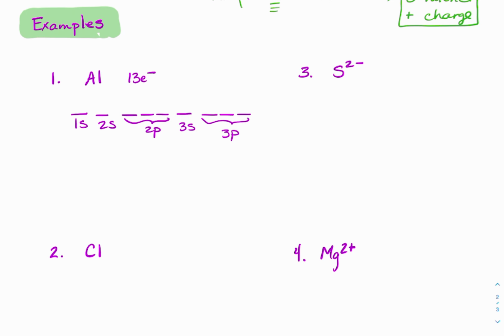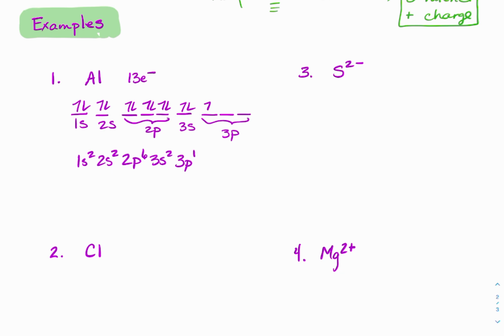And so you place the 13 electrons within that orbital diagram. So this gives us our electron configuration to be 1s2, 2s2, 2p6, 3s2, 3p1.